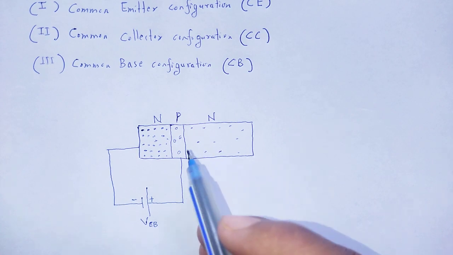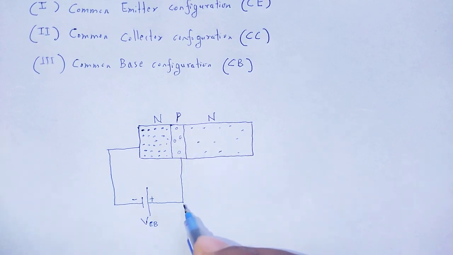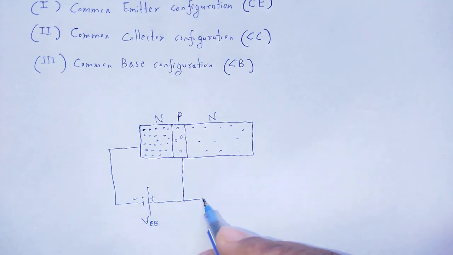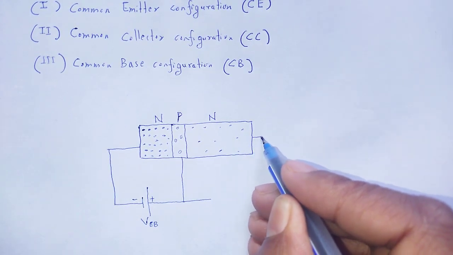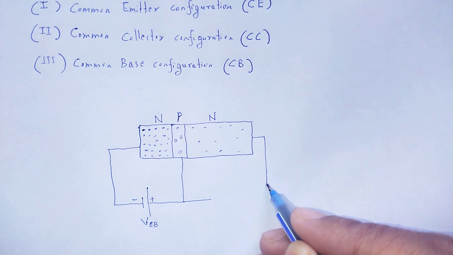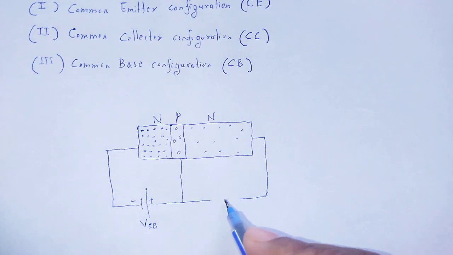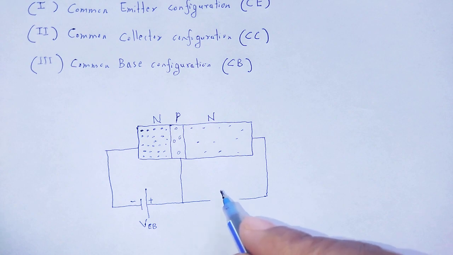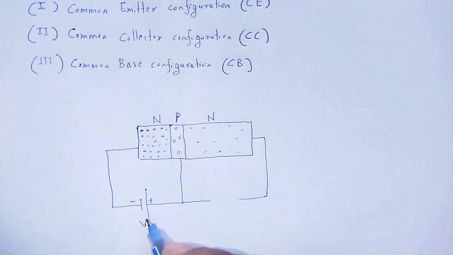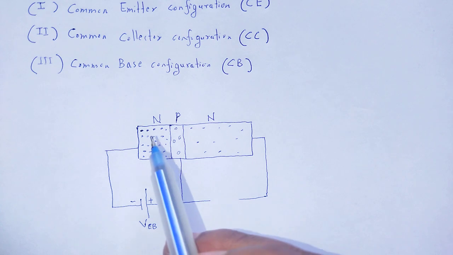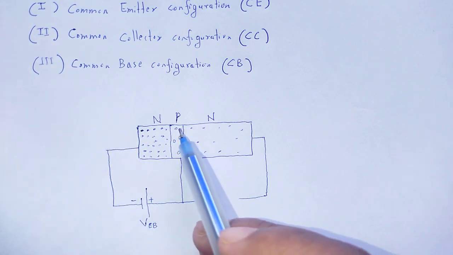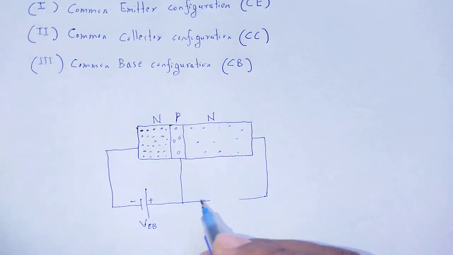Again, the collector base junction is reverse biased, and that potential is much more as compared to the emitter base junction potential.